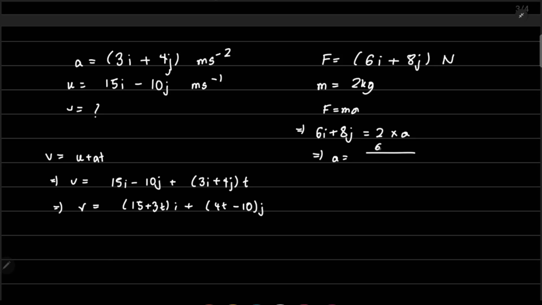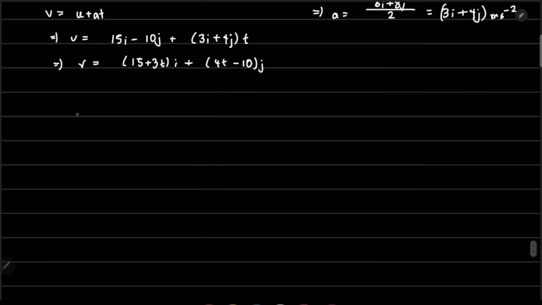This will be 6i plus 8j divided by 2, 3i plus 4j. Or we might be given the acceleration vector and we might be asked to find the force vector. And especially in the case of force, we might be told that a particle is at equilibrium. In that case, the resultant force vector will be 0i plus 0j, since there will be no acceleration when it's at equilibrium.